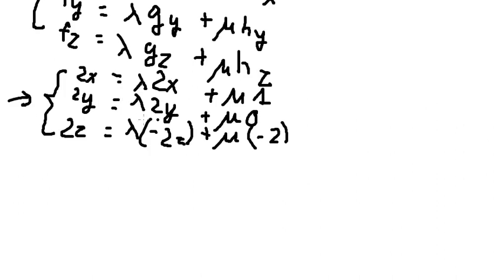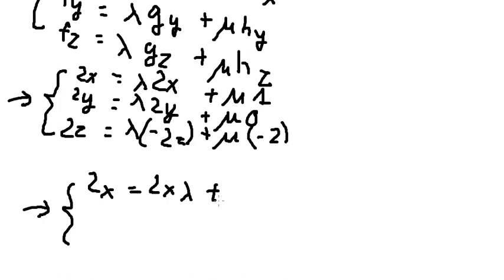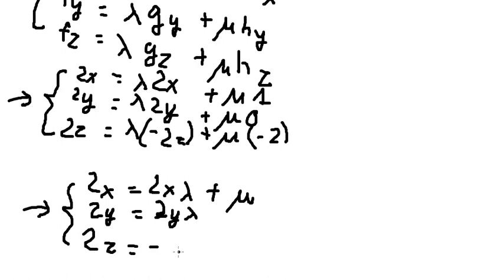Now after you got everything, we can simplify it. So we have 2x equals 2x lambda plus mu. This one you got number 0, so we can simplify like this. And this one we have negative 2z equals negative 2z lambda minus 2 mu.